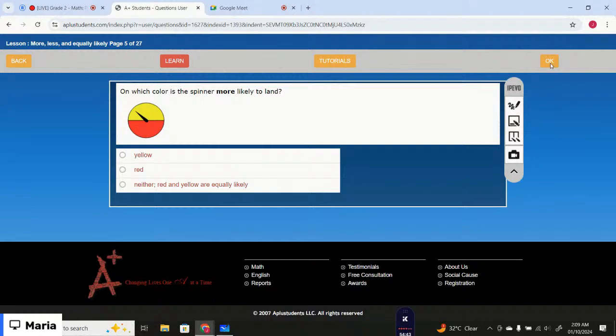The correct option is neither, because both the colors have the same portion. So red and yellow are equally likely, right? For both the colors, you have half of the portion. Option number 3 is the correct option. You have the equal chance to land on yellow or red, right?